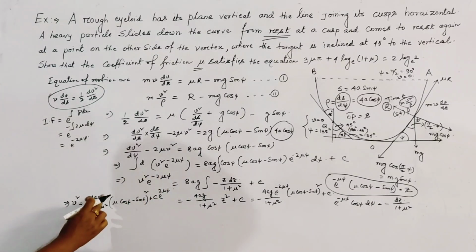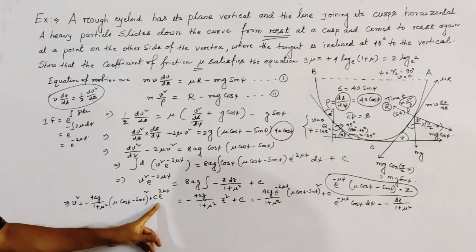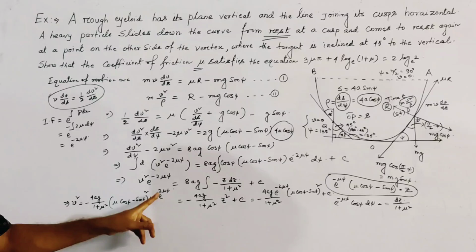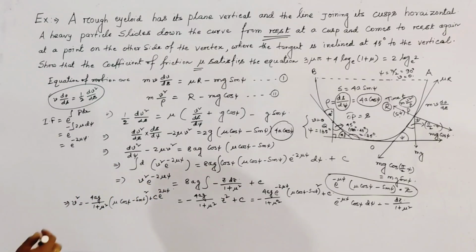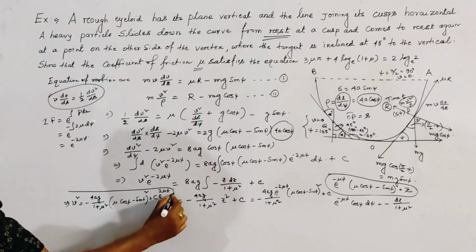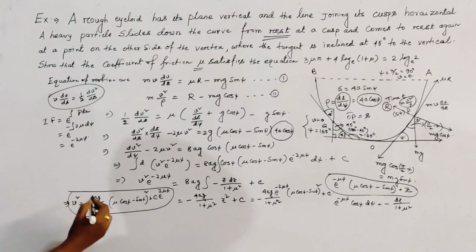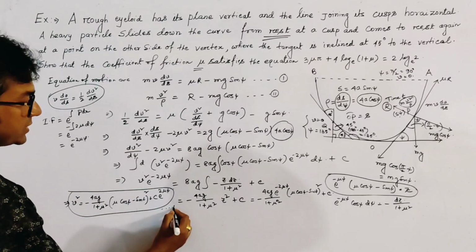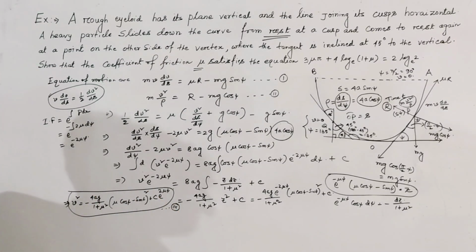Okay, here e to the power 2 mu psi and e to the power minus 2 mu psi cancel out, and here we get an e to the power 2 mu psi. Okay, this is our final result of integration. We name this relation as relation number 3.